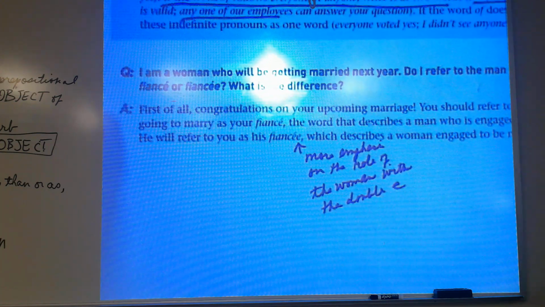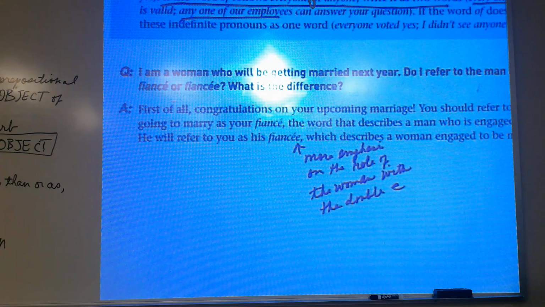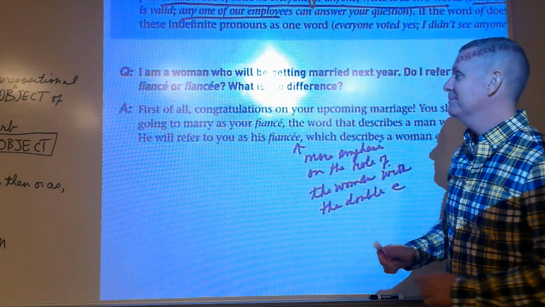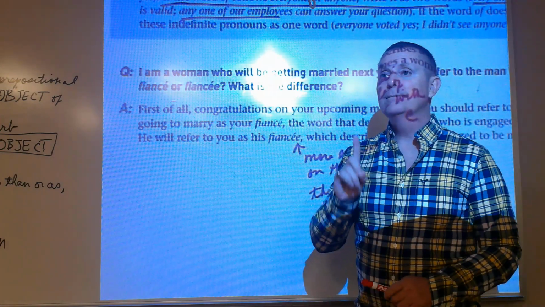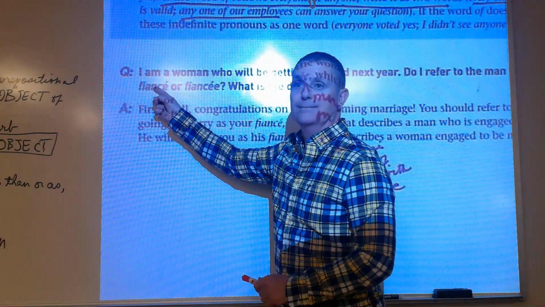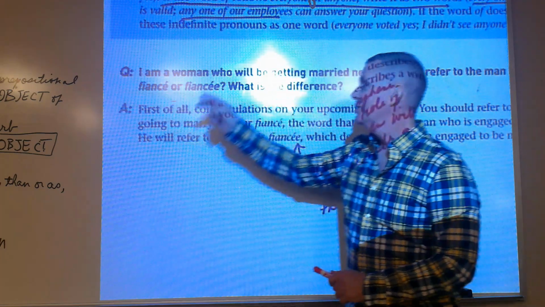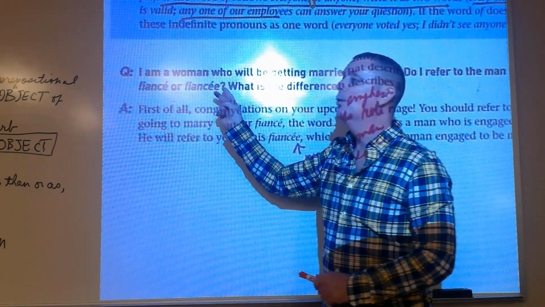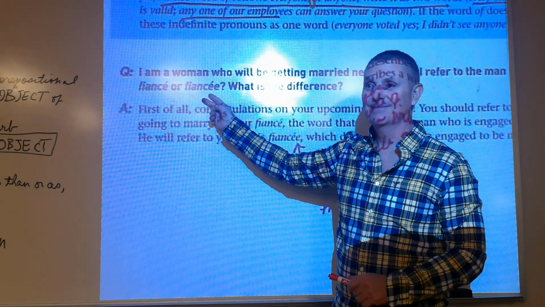And then, I am a woman who is getting married next year. Do I refer to the man as the fiance or the fiancée? Okay. Easy. Men, you only get one E. Women, you get two E's. Men, one E. Women get two E's.